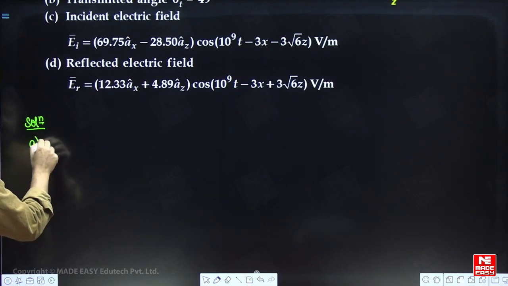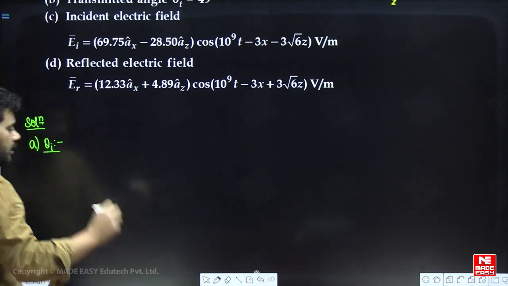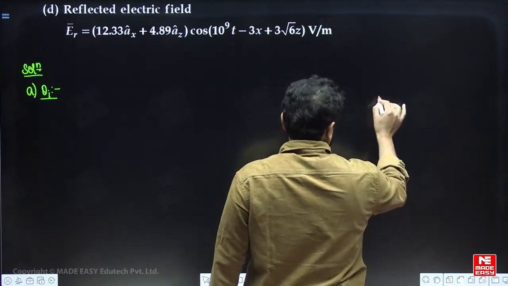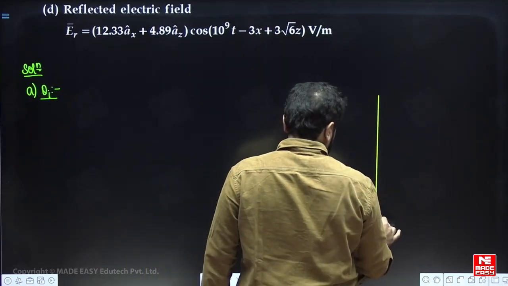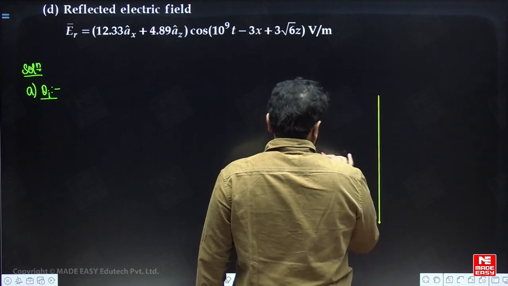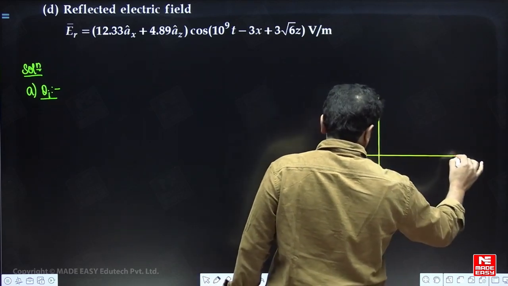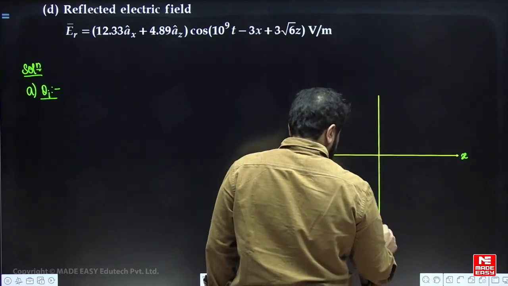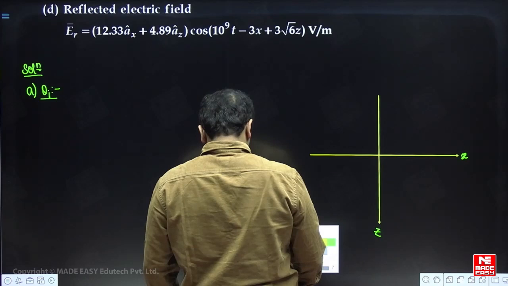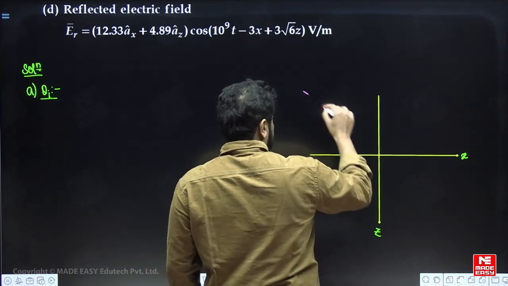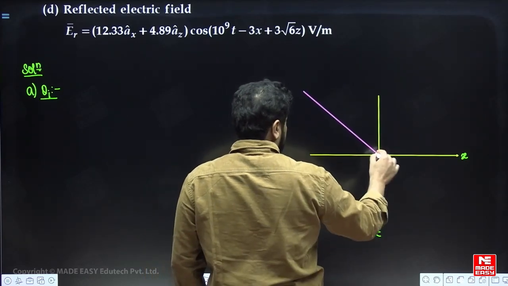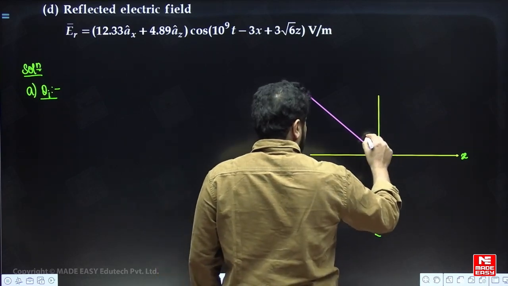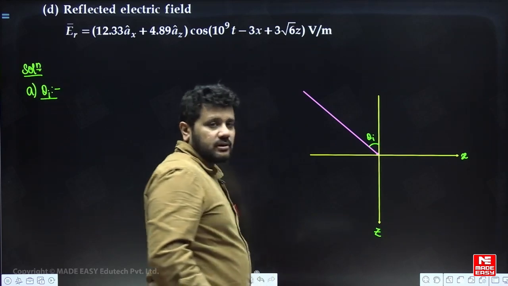First option, they are asking what is the theta I. I'll try to redraw the diagram here. This is given as x-axis, this is given as z-axis, correct? This is the incident angle theta I, fine.